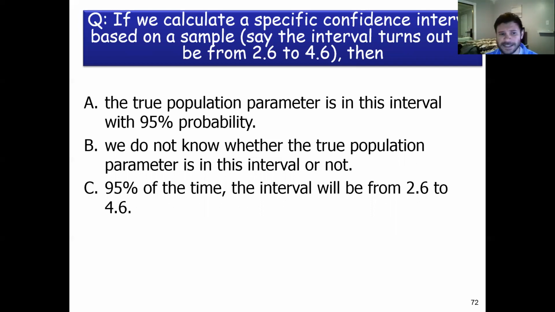And C is not correct either: 95% of the time, the interval will be from 2.6 to 4.6. That's not true. If we resample different observations, we're going to get a completely different interval. So unfortunately, we're in this catch-22 framework where we do not know whether or not the true population parameter falls inside that confidence interval.